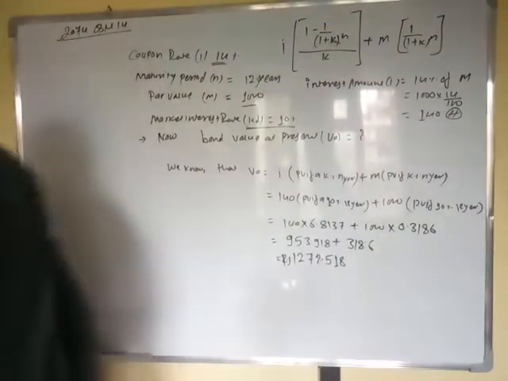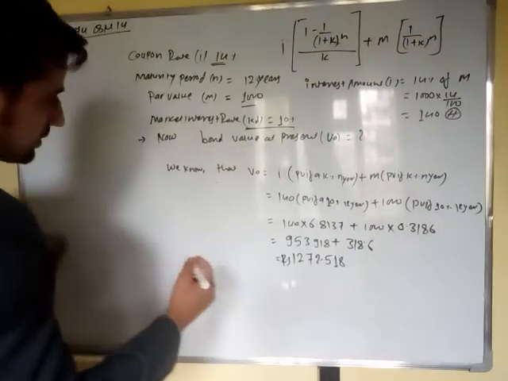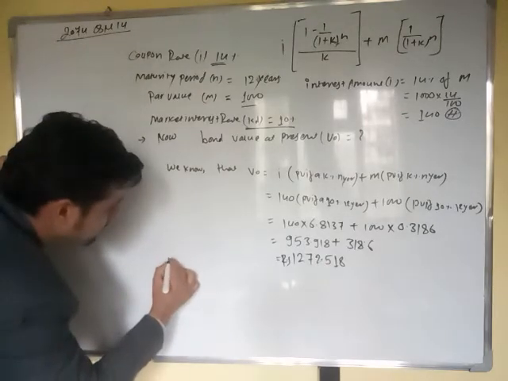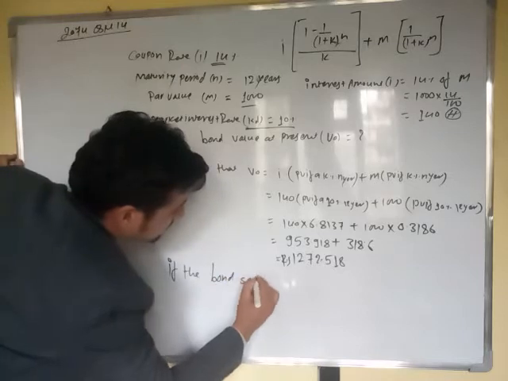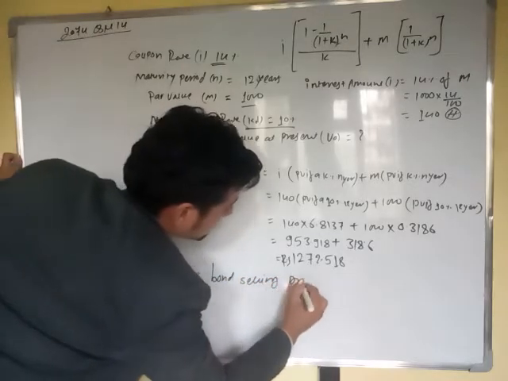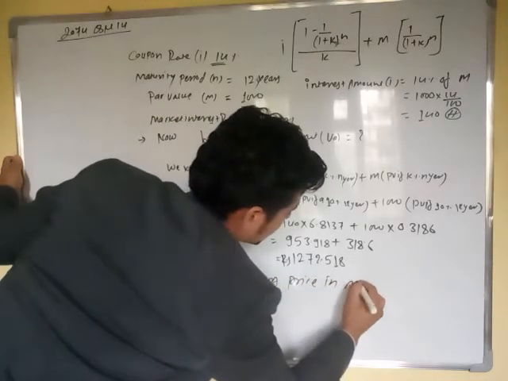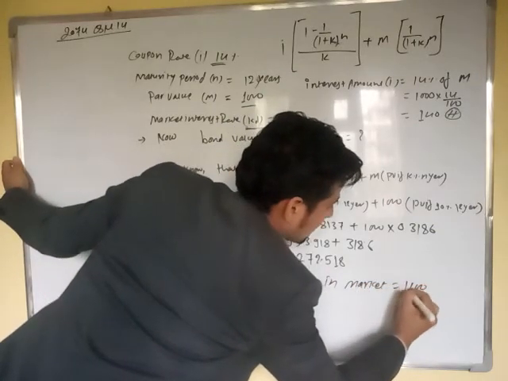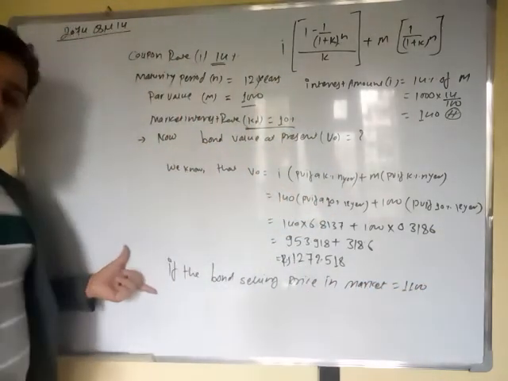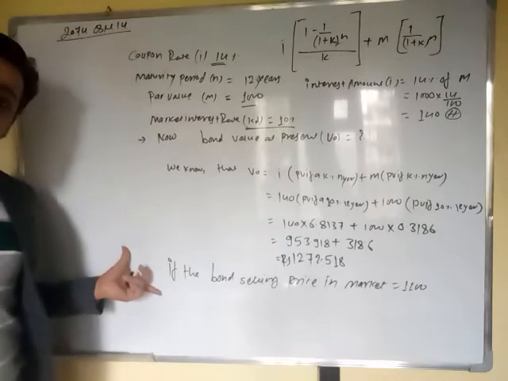If the bond selling price in the market is equal to 1100, then you can purchase or sell.